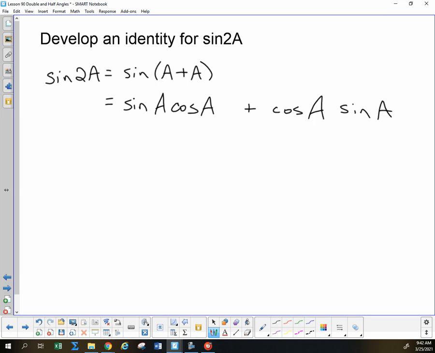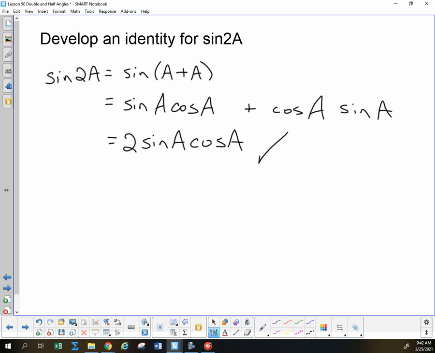So we have sine A cosine A plus cosine A sine A. Oh, wait a minute. Those are the same as each other. Commutative property, sine A cosine A is the same as cosine A sine A, so I can just add those together and say I have two of the same thing, 2 sine A cosine A. And that is our double angle formula for sine. And we'll put that in our formula list in a moment.